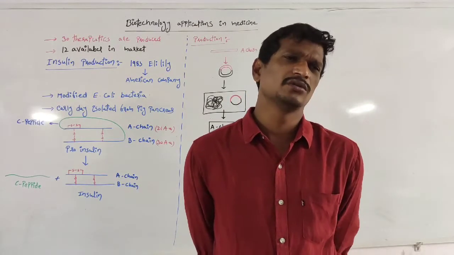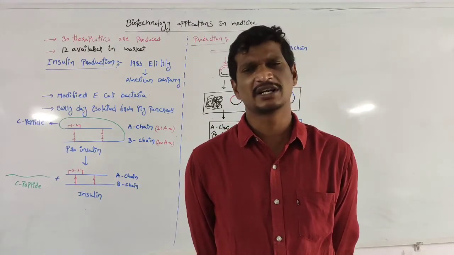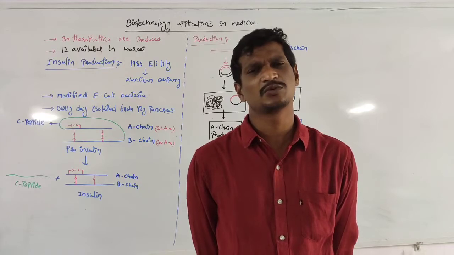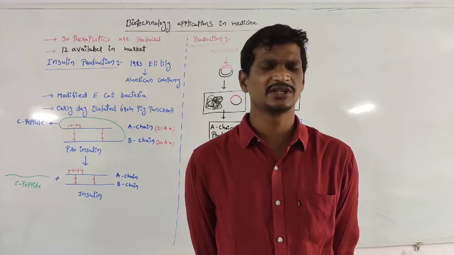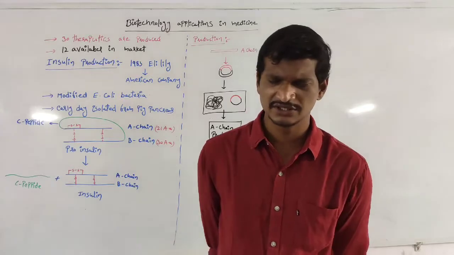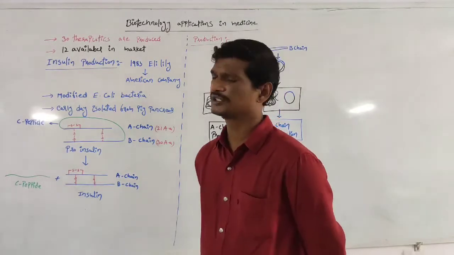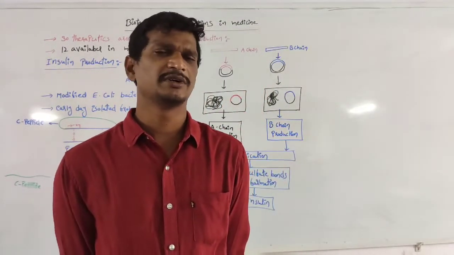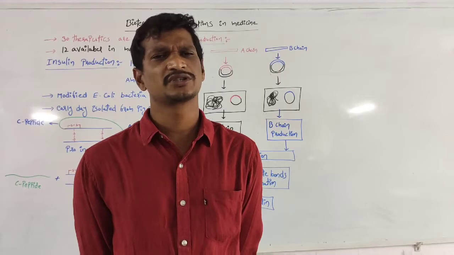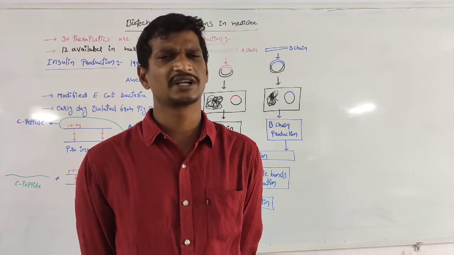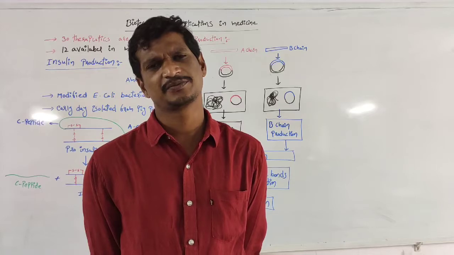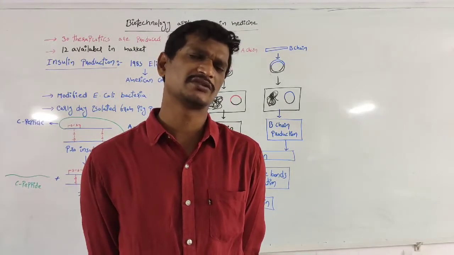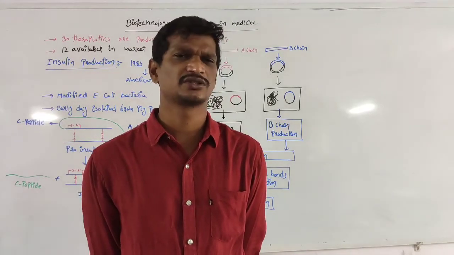So in a healthy person, insulin is produced at regular intervals and sugar levels are regulated. In a diabetic patient, there is no production of insulin at regular intervals. The sugar levels are raised in the blood, and this causes several types of disorders.